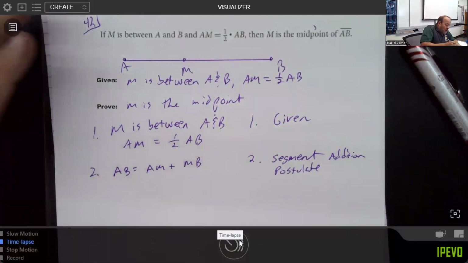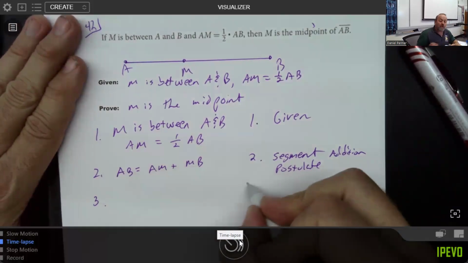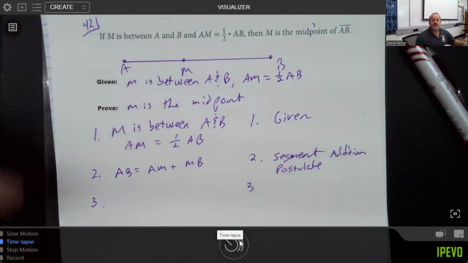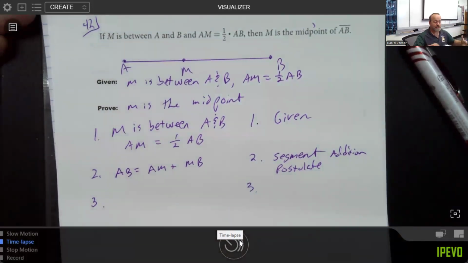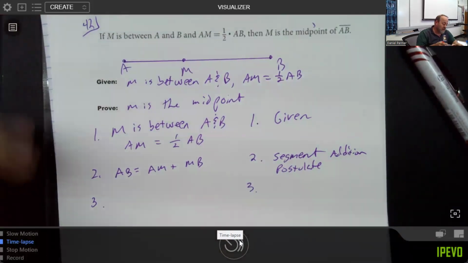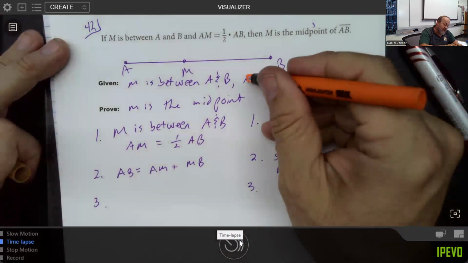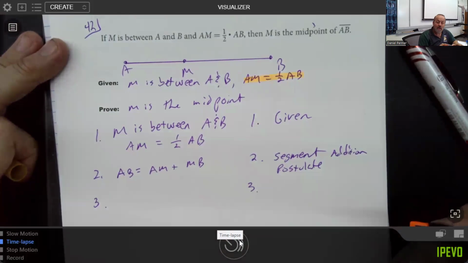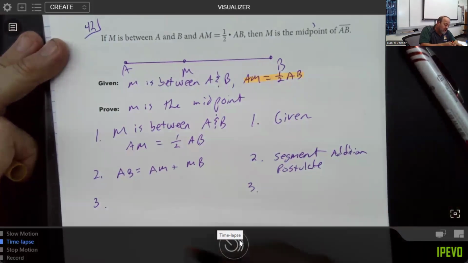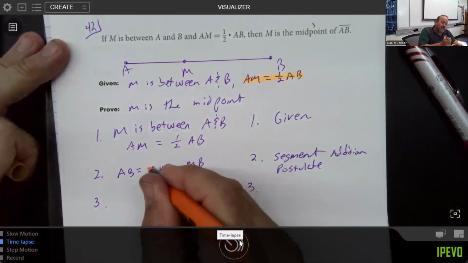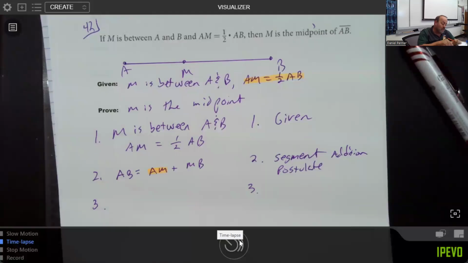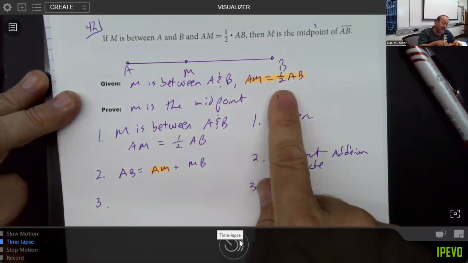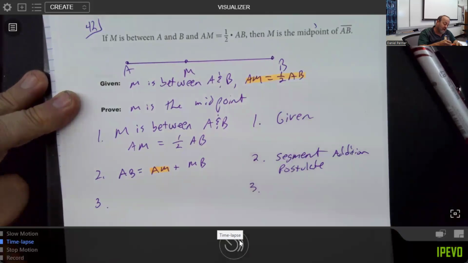Now, here comes the important thing. This is one of those things that tends to happen in these problems. There's a piece of the given information that I haven't utilized yet, and it's right here: AM is exactly 1/2 of AB. So if I could go to this thing right here and replace AM with 1/2 AB, that's going to do something very, very nice for me.